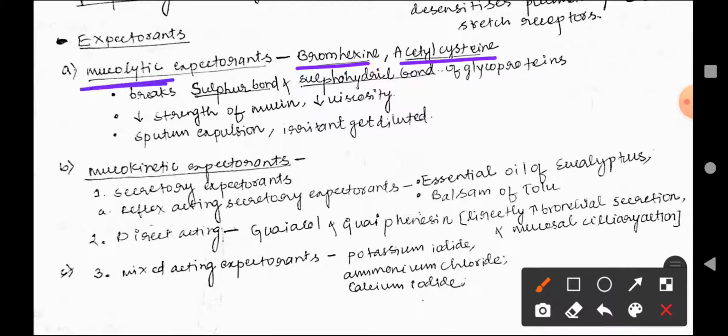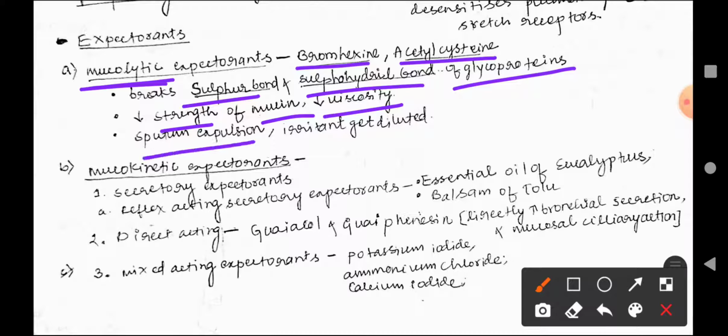The word mucolytic itself suggests that these drugs act by breaking the sulfur bond and sulfhydryl bond of the glycoproteins of mucus. Thereby, these drugs will decrease the strength of mucin and decrease the viscosity. That will eventually lead to sputum expulsion and the irritant gets diluted.